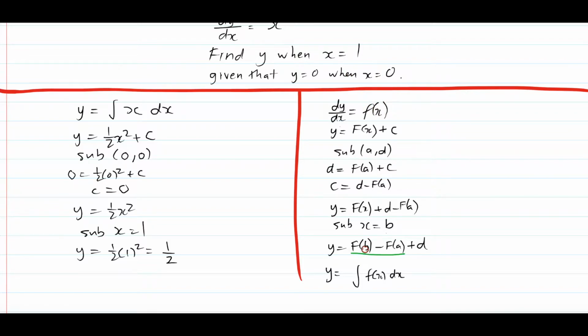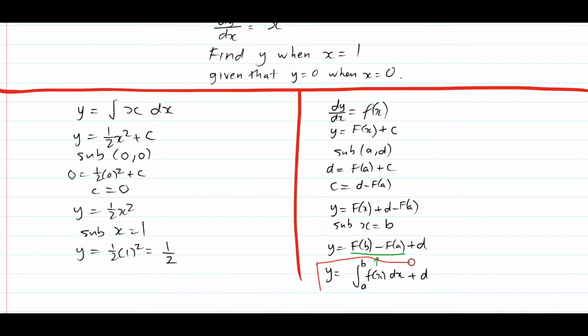And if you want b minus a, you put b on your upper terminal and a on your lower terminal, and if you antiderive, it's actually the same result. This definite integral gives you these two terms, f(b) minus f(a). And then the plus d is just plus d. That's the point they give us, right? So this one right here is actually the shortcut.